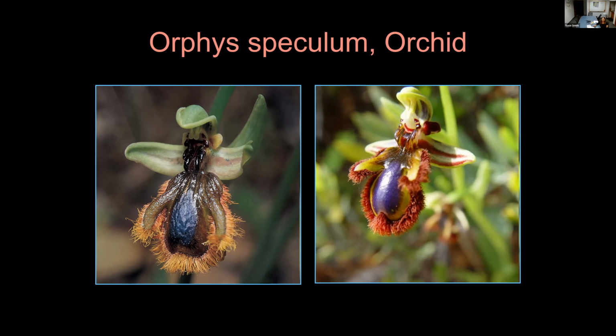Again, it's another example of lassoing the insects for a ride to the next flower. But this particular species, native to Spain, Portugal, and Iran, is an example of mimicry. The flowers look like female hemipteras, which attracts males who come to mate with the flower, and then the pollen sticks to the suitor and is carried off to the next flower.